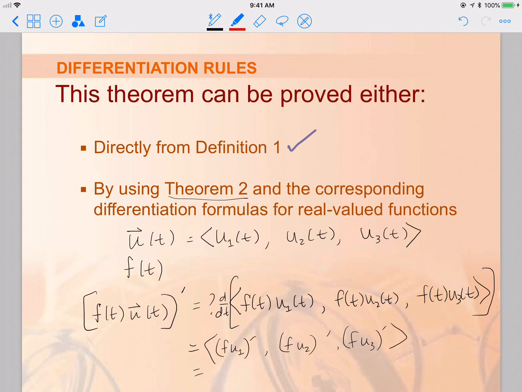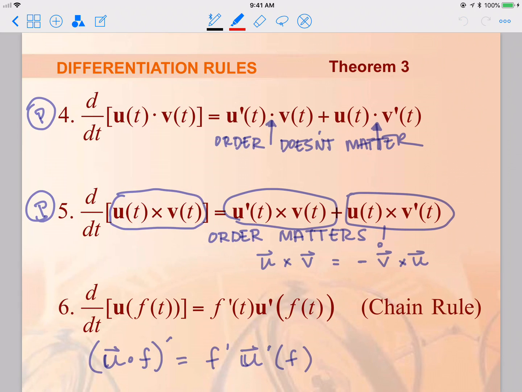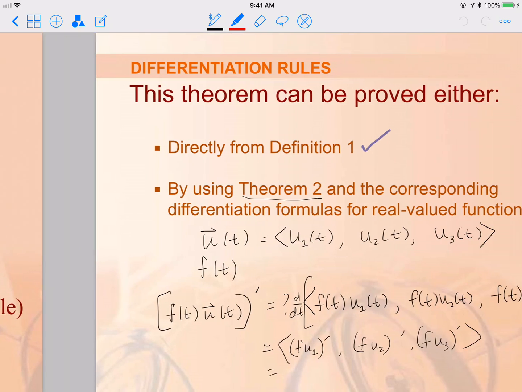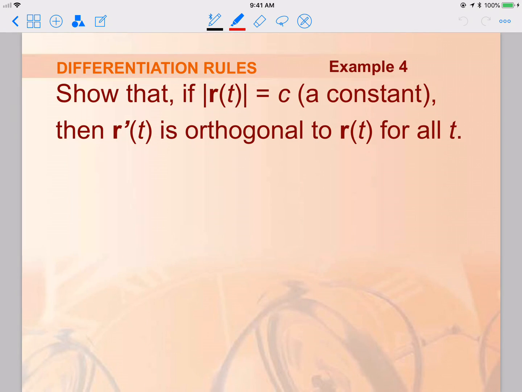And that just shows you how to use the fact that derivatives are component-wise in our previous differentiation formulas from calculus 1 to verify these 6 rules. Okay. All right.